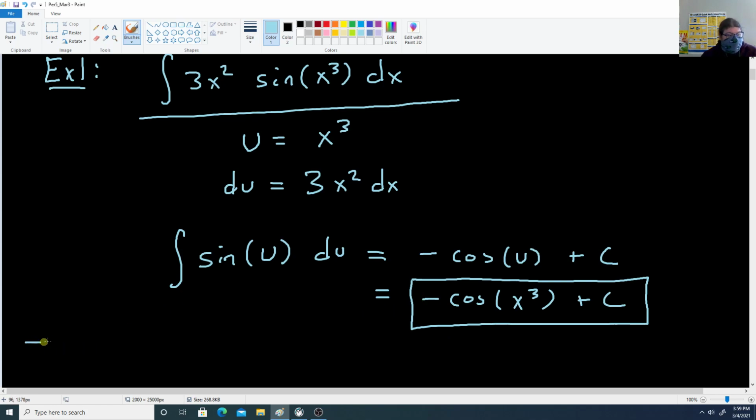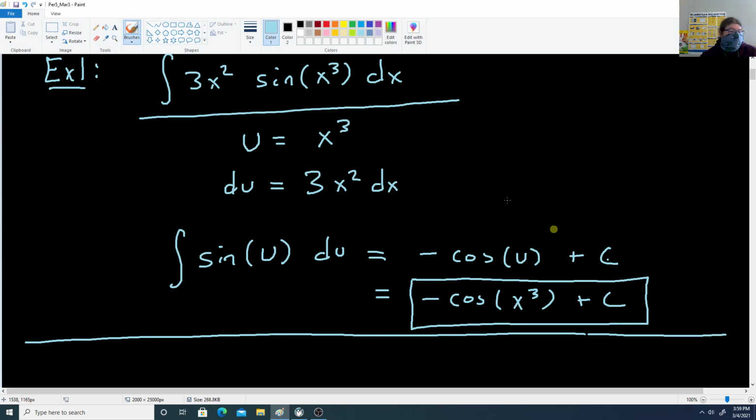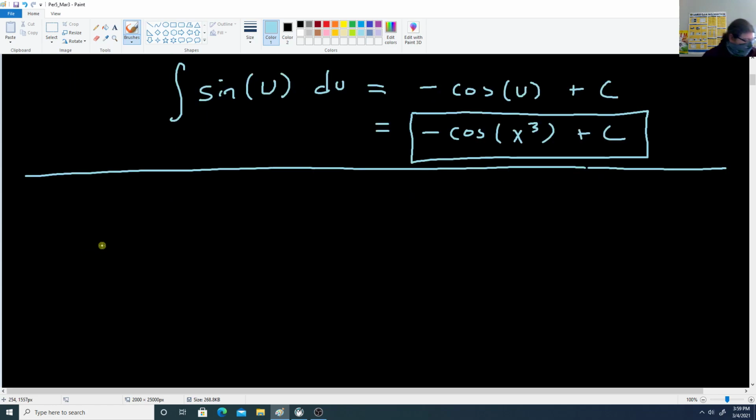So we're going to look at another couple of these. That's the first example. Next, for example 2, what if we had the integral of x times x squared plus 9, all that to the 5th power, dx.